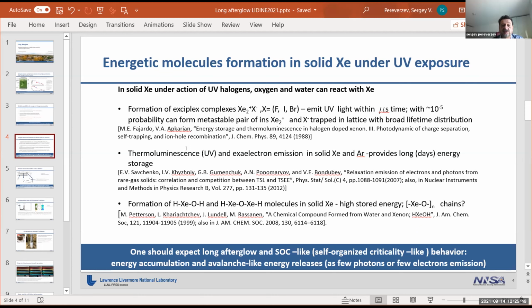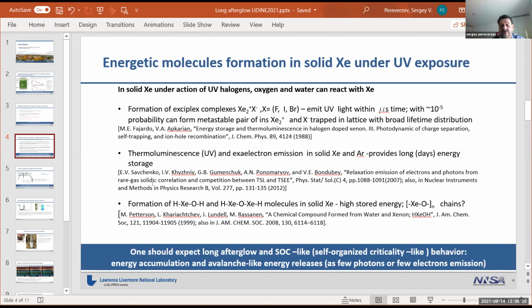You will see UV photons coming out, and you will see electron emission from the surface, and it's correlated with oxygen presence, although you take an artificially clean sample of xenon. So this also provides long energy storage in the material and emission of both photons and electrons.